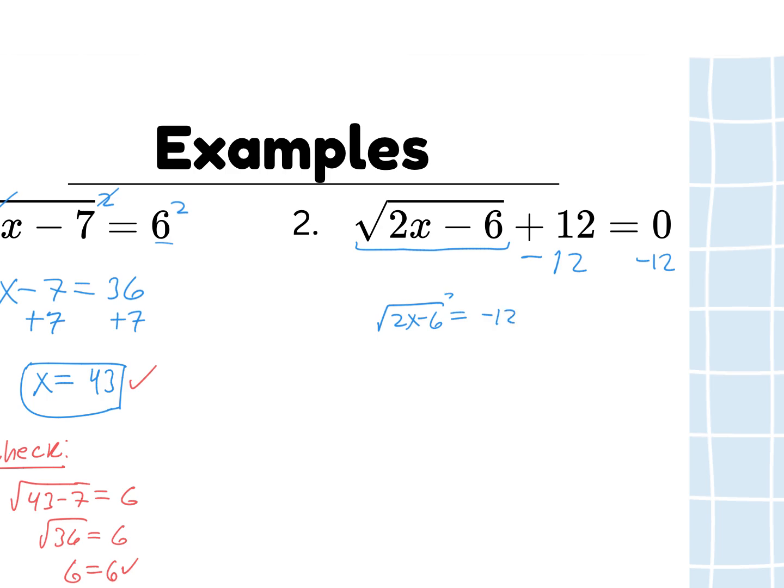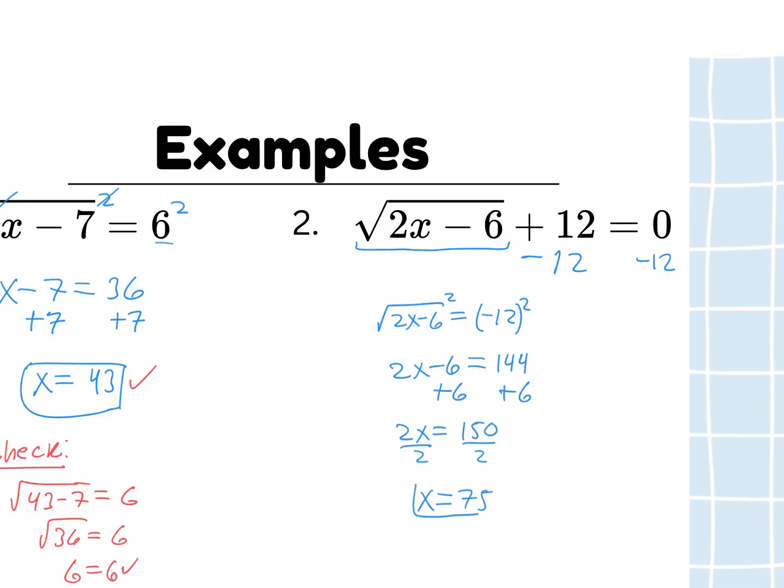Then again, to get rid of that square root, I can square both sides. We end up with 2x minus 6 equals negative 12 squared, which is 144. Then we solve this linear equation as normal. From here onwards, it's really not so bad. So I get 2x equals 150. Divide by 2, and I get x equals 75.